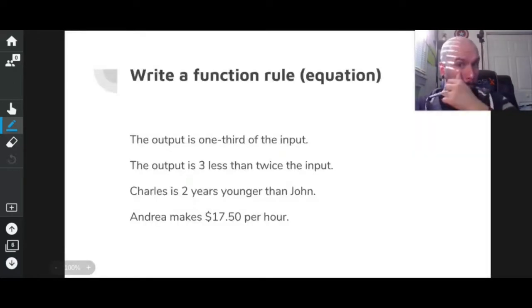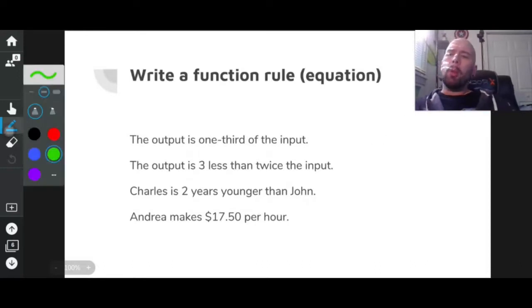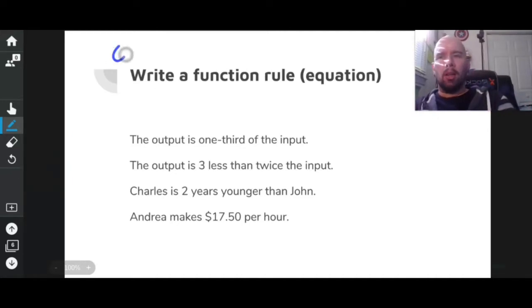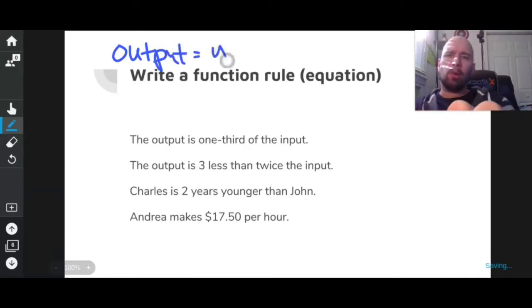Okay. Write a function rule for each. Write an equation. Remember, function rules and equations are the same thing. Whenever you see the word output, output means a y value. Input means an x value. So here it says the output.